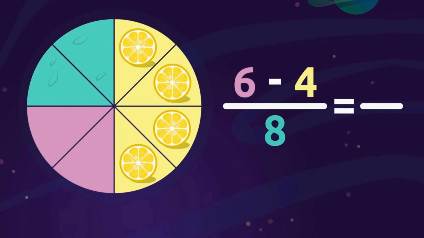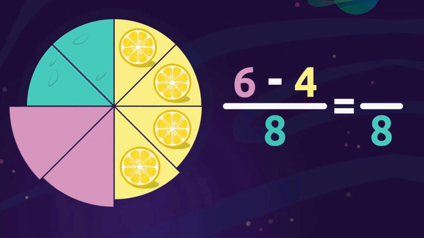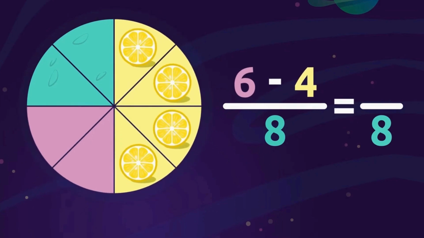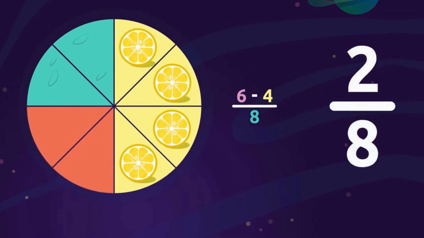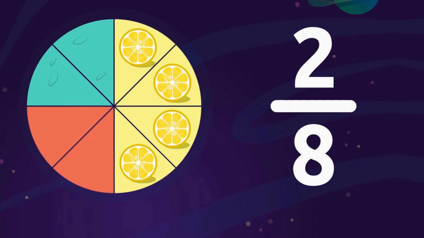Remember that we should put the same denominator in our answer. In this case, number 8. Now, to calculate the numerator, we subtract the numerator 6 minus 4, which equals 2. The result is that 2 of the 8 fields are planted with apple trees. That is 2/8.